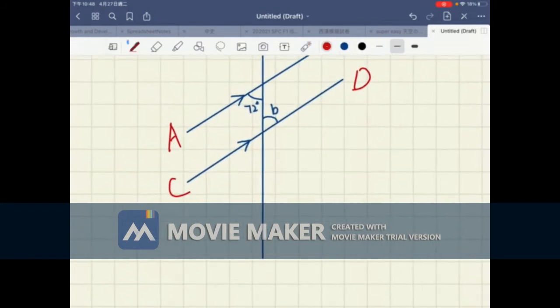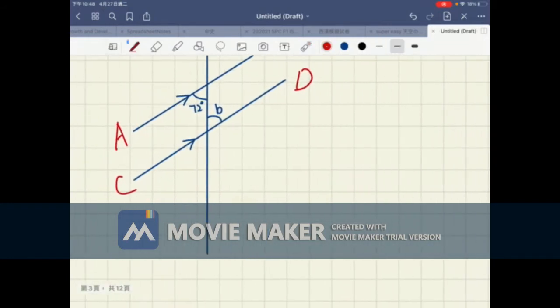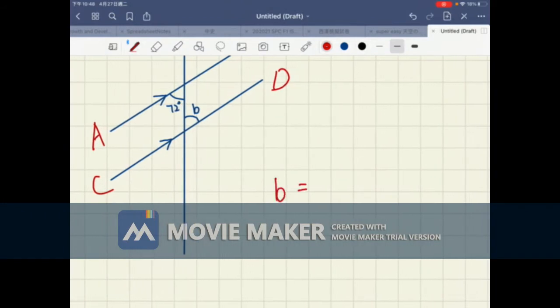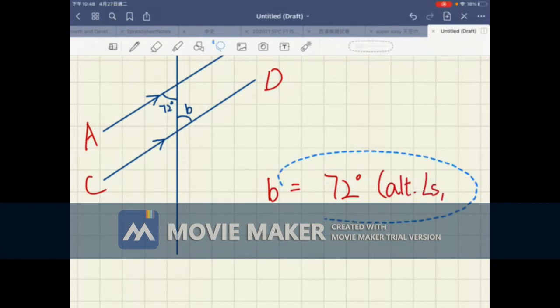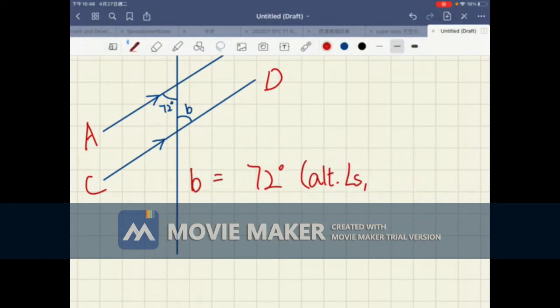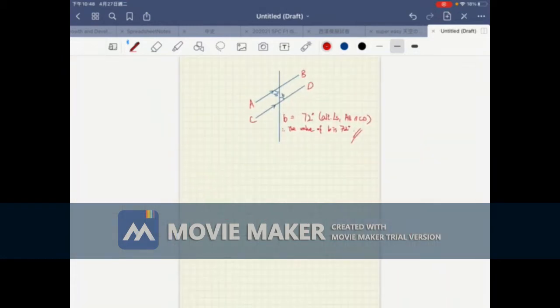Therefore, they are alternate angles. So B equals 72 degrees. Why? Alternate angles. And we need to explain: because AB is parallel to CD. Therefore, the value of B is 72 degrees.